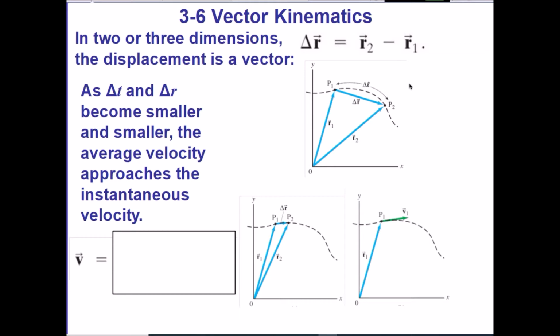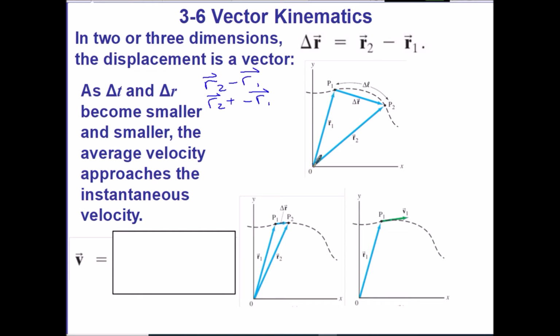If I were to take the difference between R2 and R1, vector subtraction means R2 minus R1 could be thought of as R2 plus the negative of R1, where again, the negative of R1 is just the exact same displacement, but in the opposite direction.